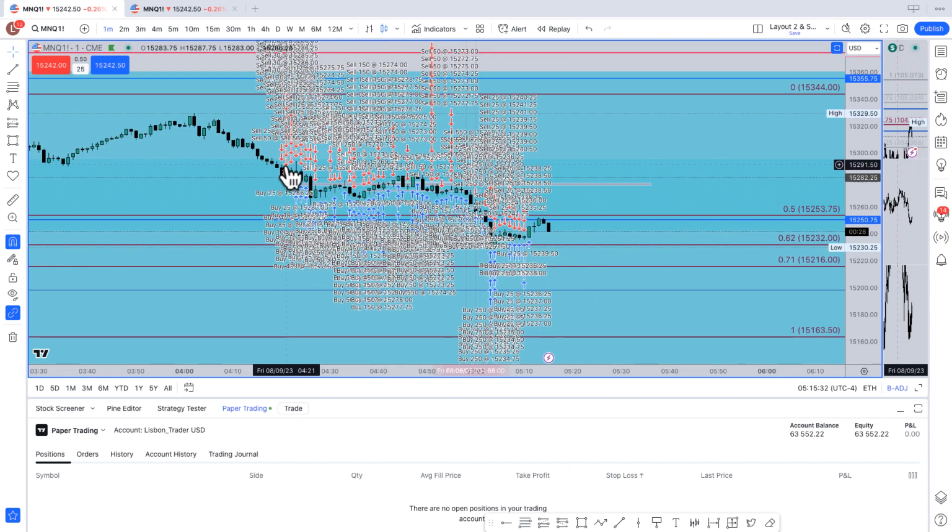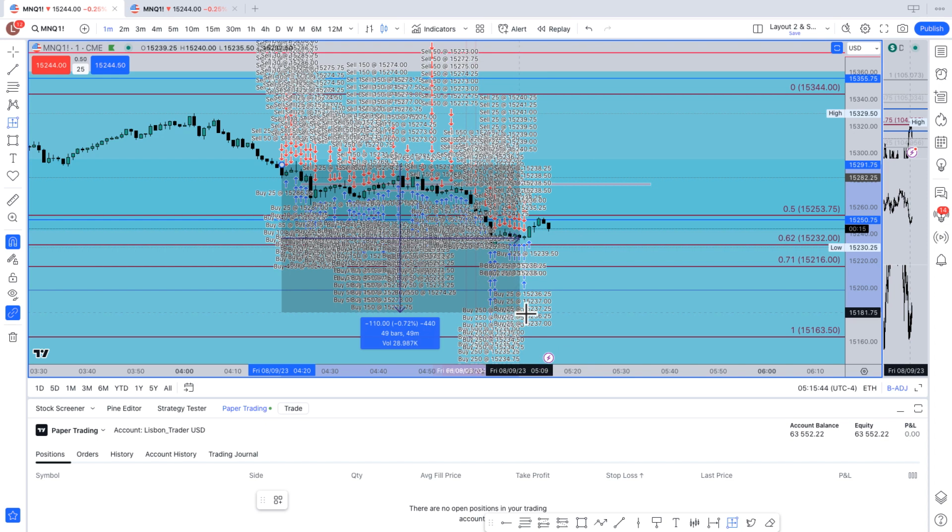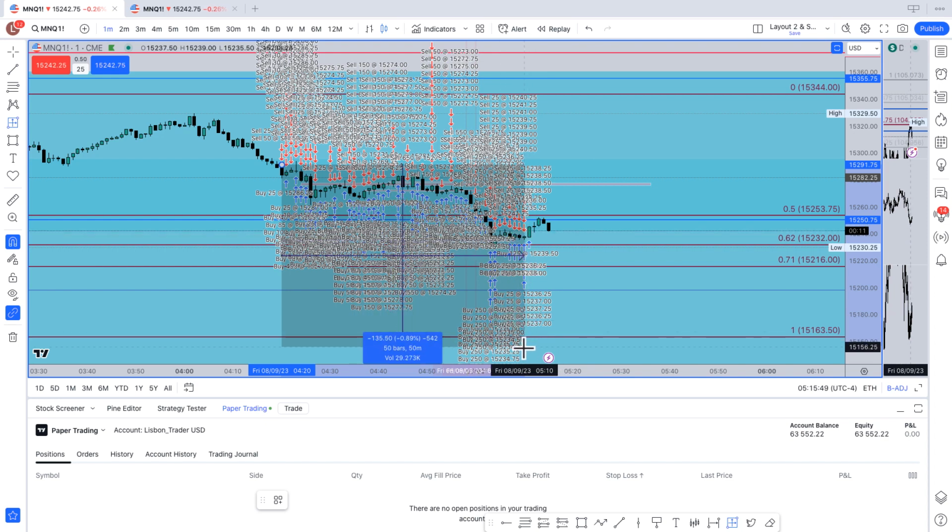So we started 4:21 New York, and the last trade was there.